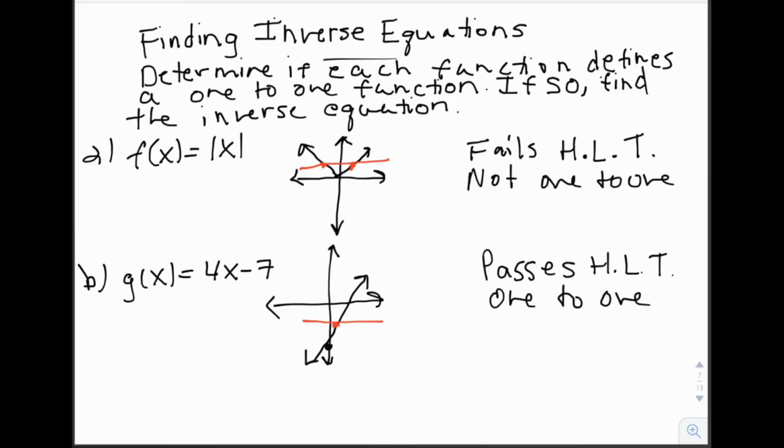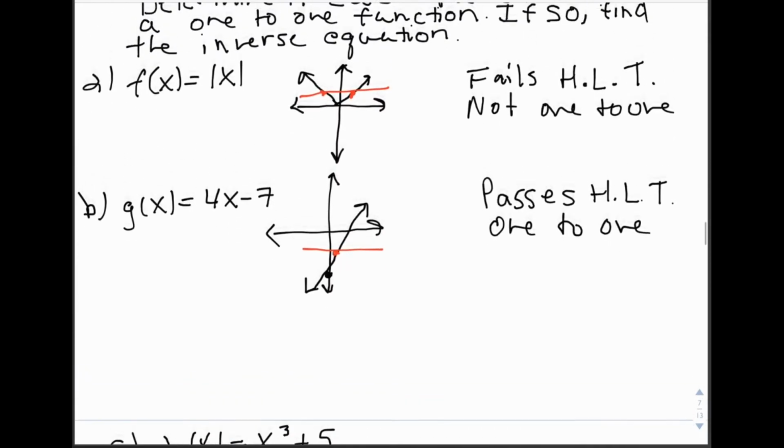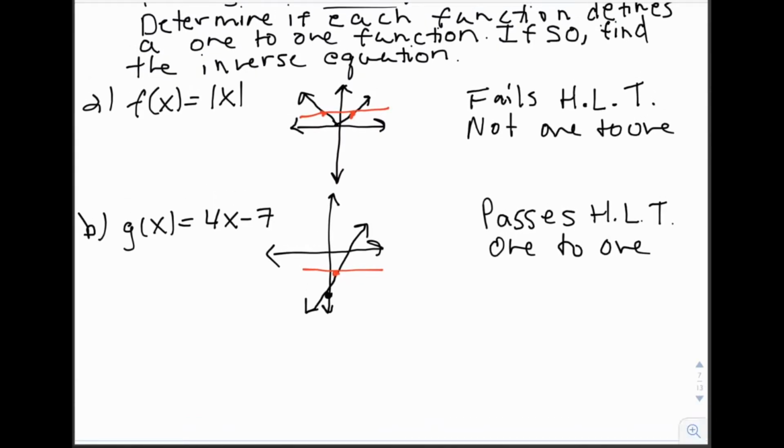And we can go through our different steps to figure out what our inverse is going to be. So our step number 1 in this case is to take your x and y values and interchange.